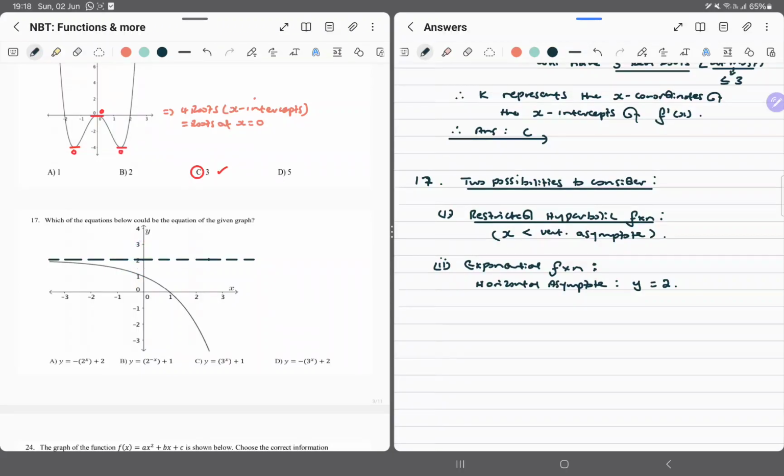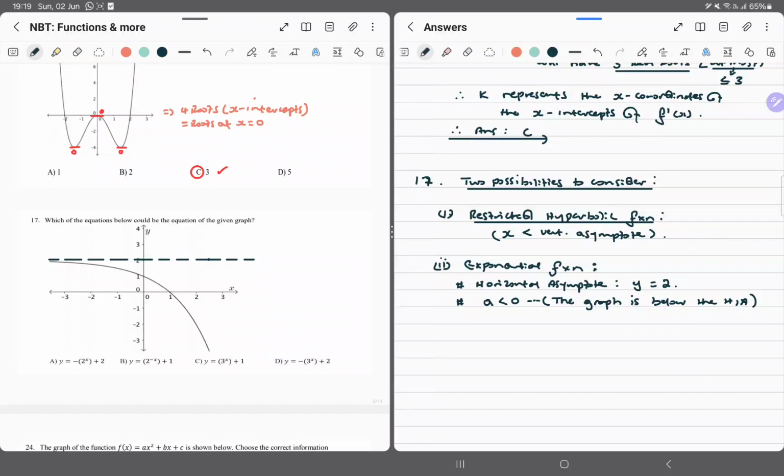And what else? We see that this graph appears below the horizontal asymptote. So what we can appreciate is that technically the a value is less than 0 in this graph. Why? Because the graph is below the horizontal asymptote.